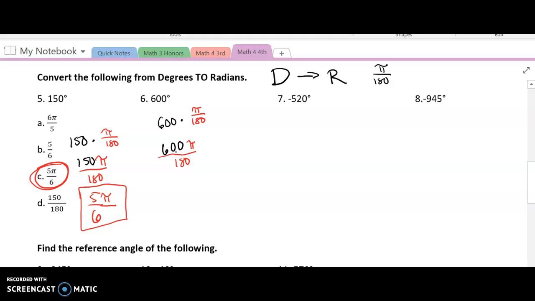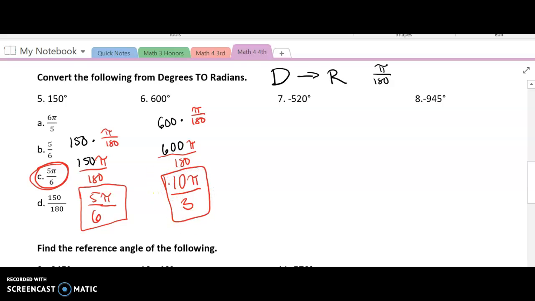Now I'm at this point where I want to reduce my fraction. So I'm going to put into my calculator 600 over 180 and reduce it, and we get 10 over 3. So now all I have to do is put my pi back in its place, and that's my answer.